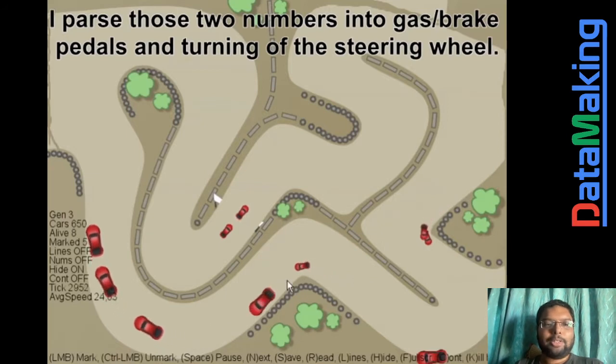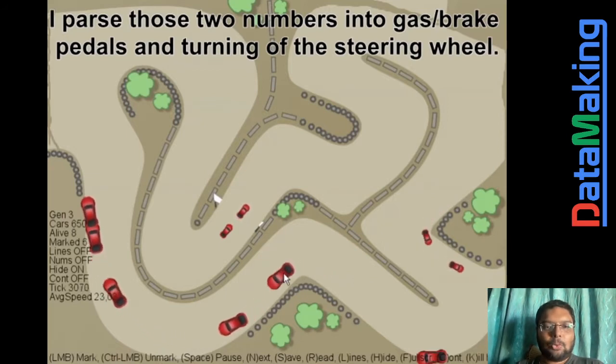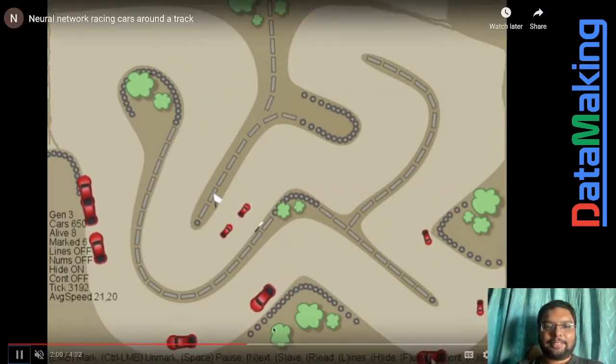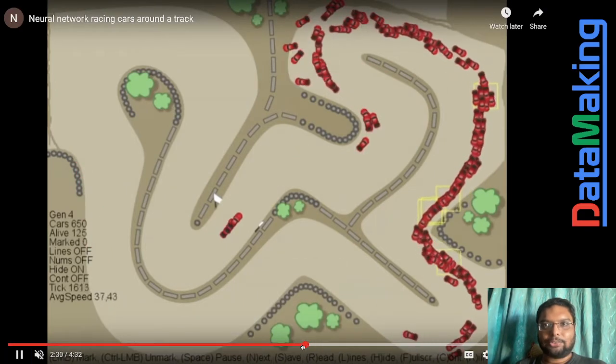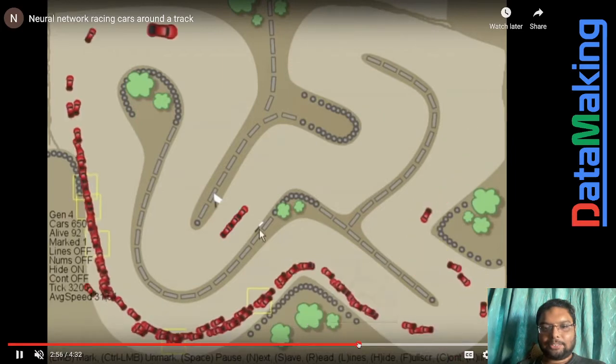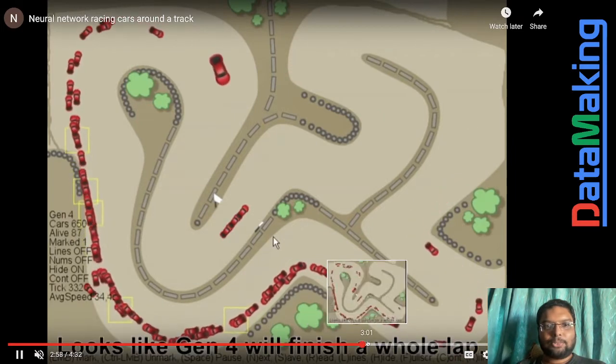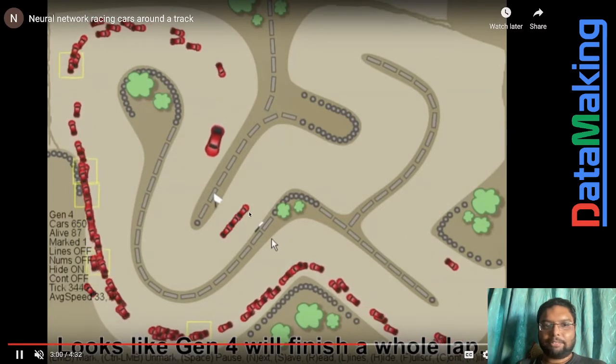Now we are going to see how this guy does it. Let me fast forward. The cars have almost completed the track. Some cars aren't even going anywhere.